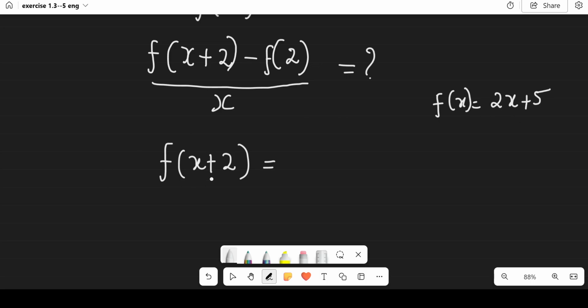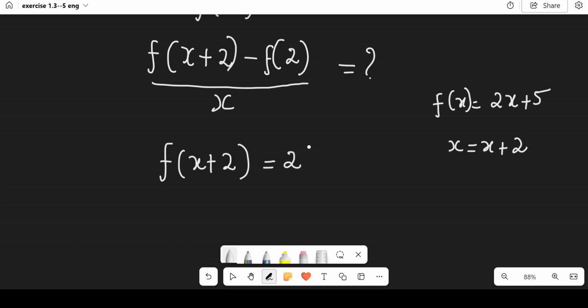Here the value of x is x plus 2, right? This is in the form of f of x, so the value of x would be x plus 2. Then we are going to apply the value in this formula, 2x plus 5.